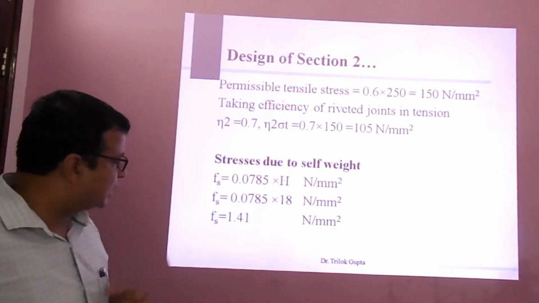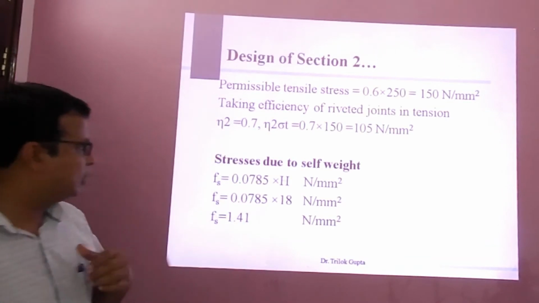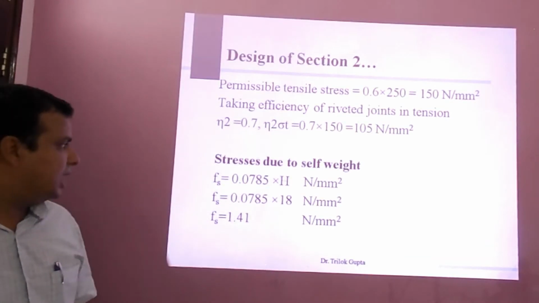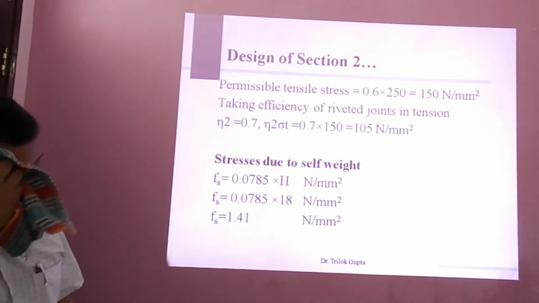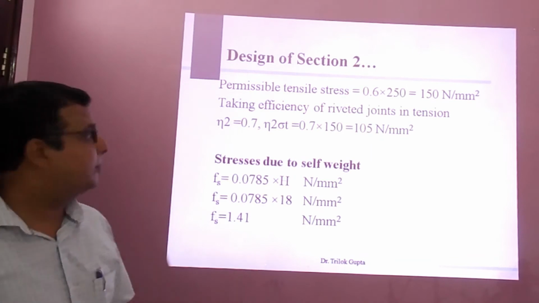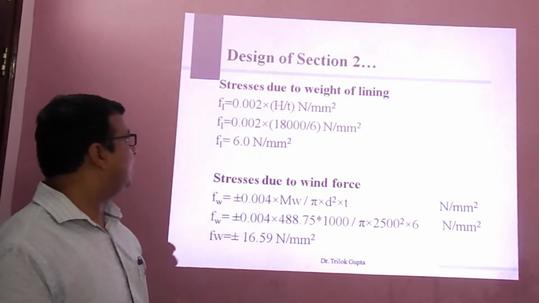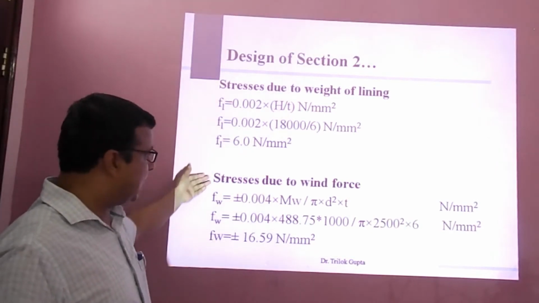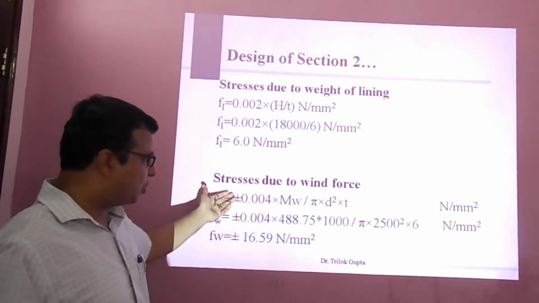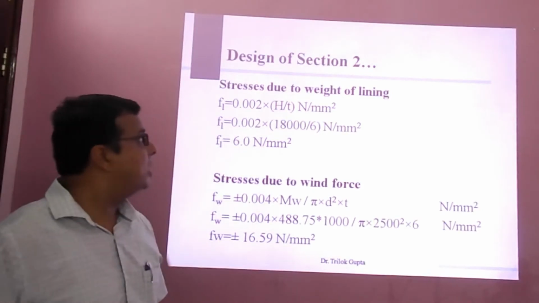Stresses due to the self weight, again we will calculate: 0.085 into h, and h is 18 meter, so fs is 1.41 Newton per mm square. Now stresses due to weight of lining, again that will be 6, and stresses due to wind force, we will put all the values, then we will get 16.59 Newton per mm square.